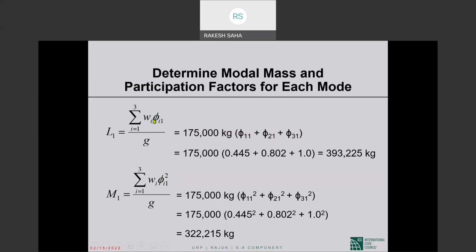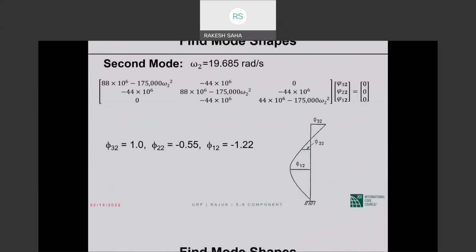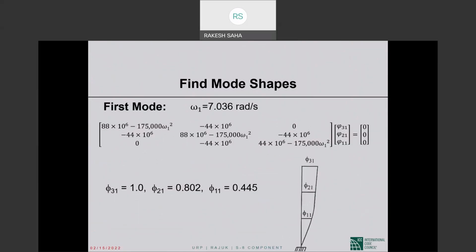Okay, so the W sub i in our case is fixed. It's the same at every level, 175,000 kilograms. So we can take it out. Summation of phi i1 over the 3 levels would be P11 plus P21 plus P31. We calculated these numbers. They're just 2 pages up. P11 is 445, P21 is 802, P31 is 1.